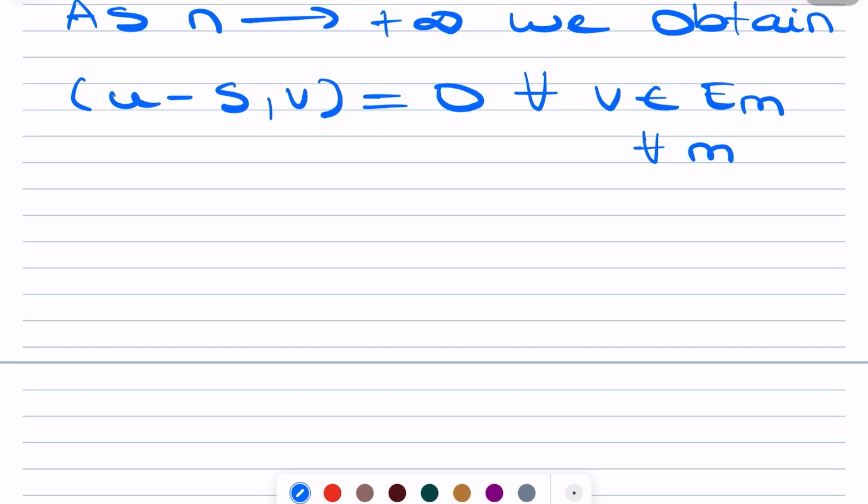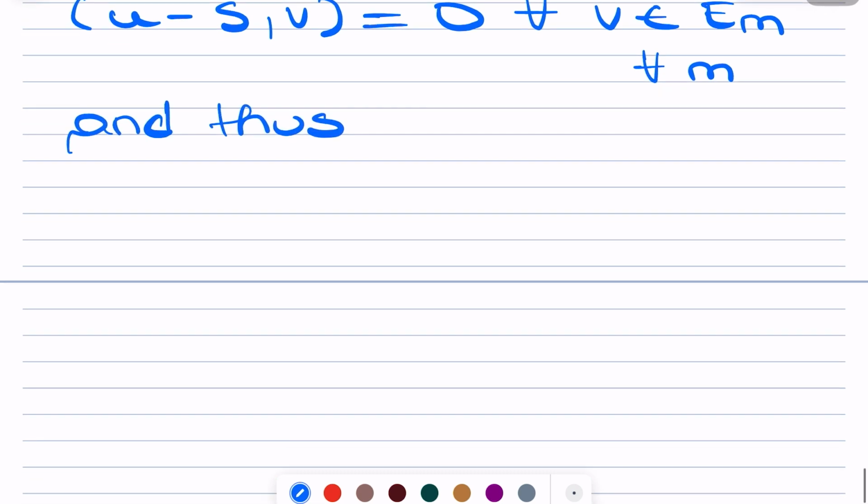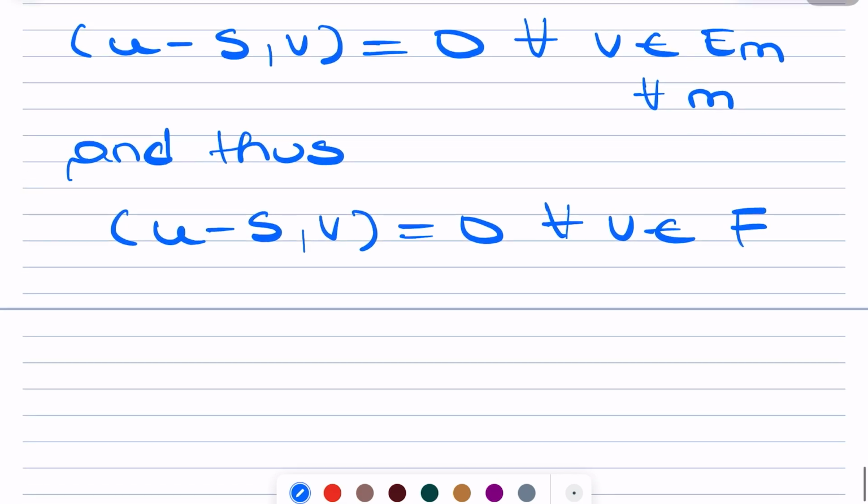So, and thus the scalar product of u minus S, v is actually equal to 0 for every v in F, right, because F is the linear space spanned by the e_n.